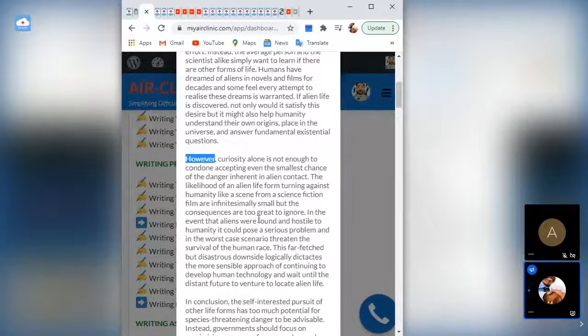In the event that aliens were found and hostile to humanity, it could pose a serious problem, and in the worst case scenario, threaten the survival of the human race. This far-fetched but disastrous downside logically dictates the more sensible approach of continuing to develop human technology and waiting until the distant future to venture to locate alien life.